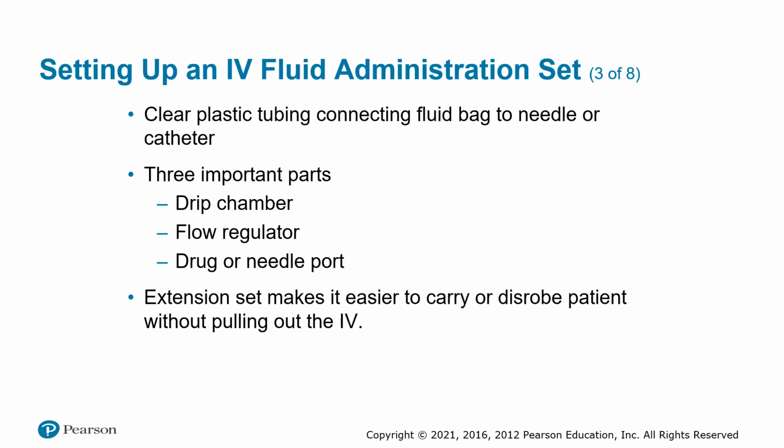But the three most important things that it has is the drip chamber, the flow regulator, and then a drug or needle port. The drip chamber is basically how fast that medication is going. We can see. And then it also has a flow regulator or a roller stopper type deal. Clamp, I guess, rolling clamp is what that is.